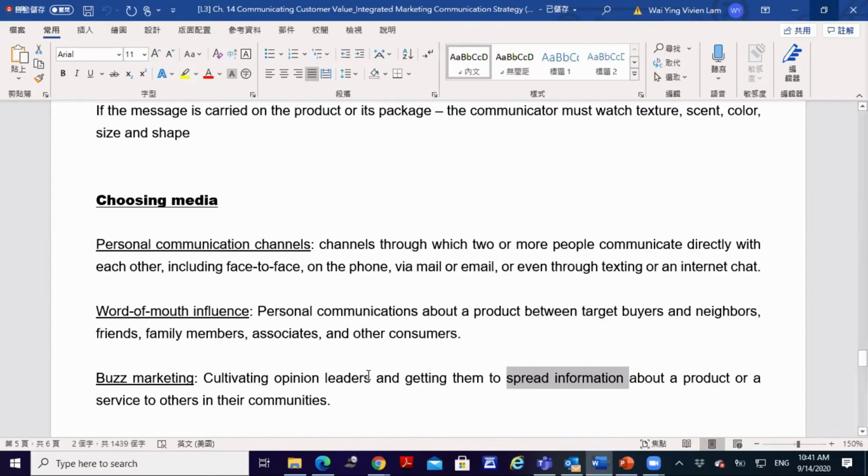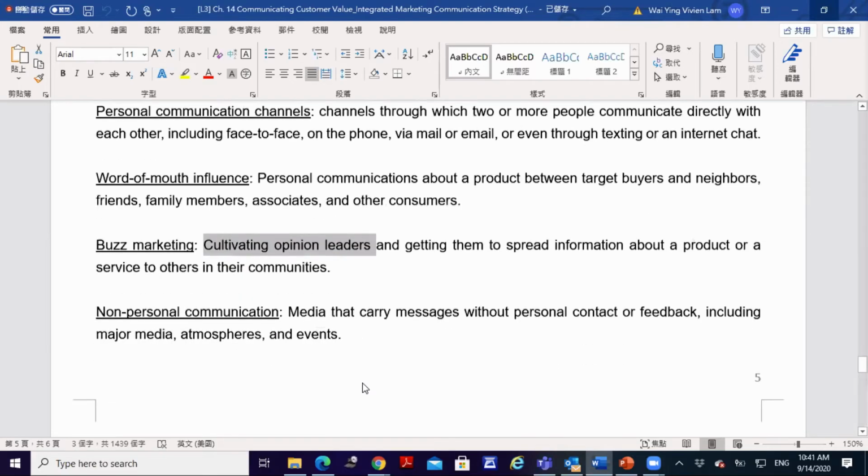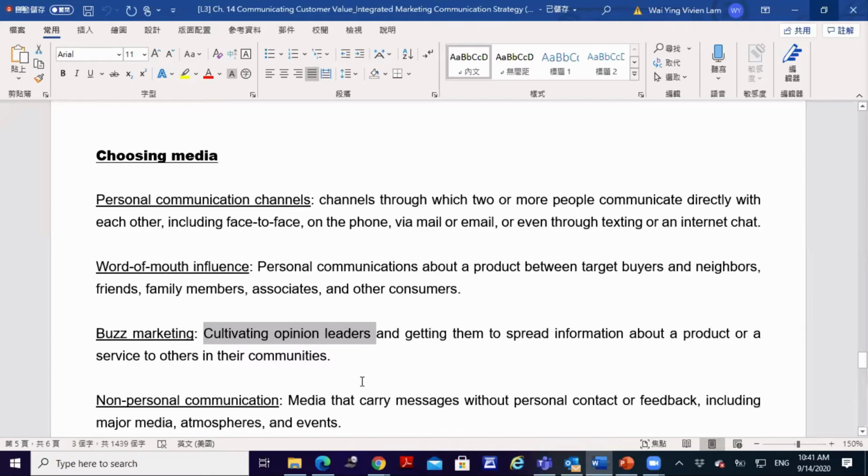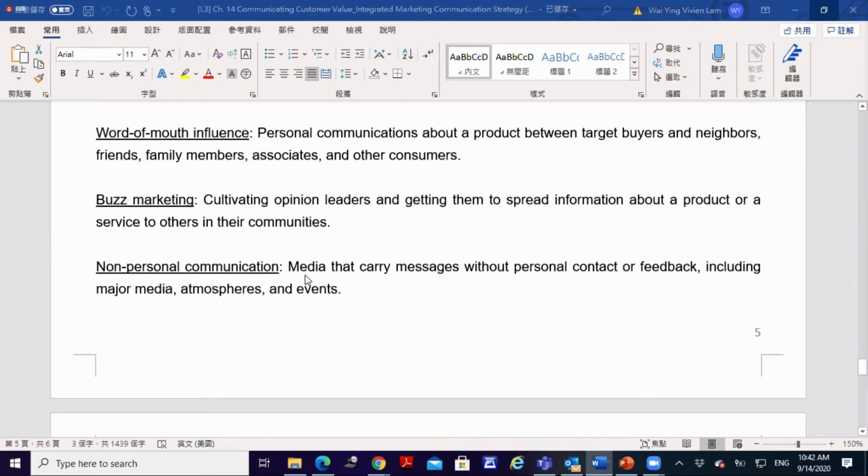And the most commonly used one is KOL, key opinion leaders, okay? Find influential people to talk, to attract attention and create conversation. And non-personal communication means mass media, which is not so targeted, like casting a wide net, spreading to everyone to get better coverage, okay? That's non-personal advertising.